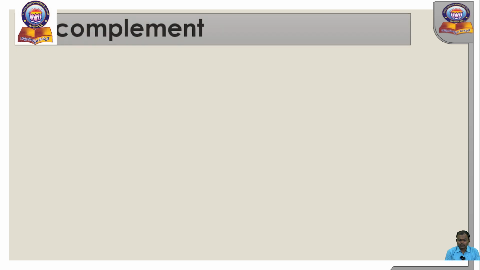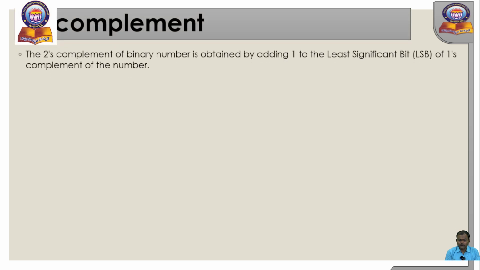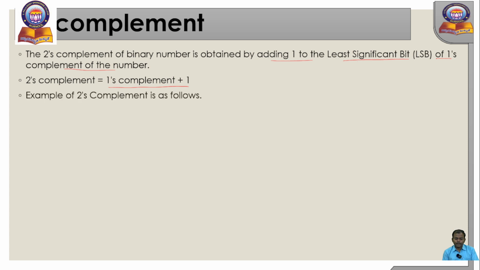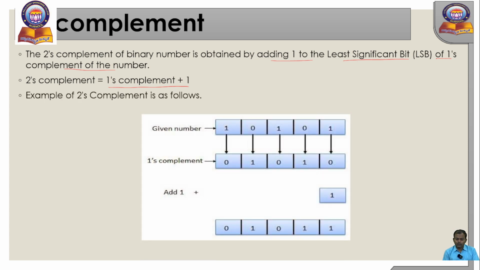Then the second is the 2's complement. The 2's complement of a binary number is obtained by adding 1 at the LSB of the 1's complement of the number. That is, the 2's complement is simply performed by using 1's complement plus 1. This is the example.